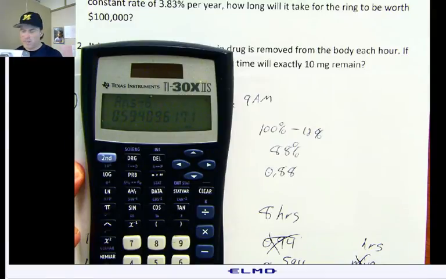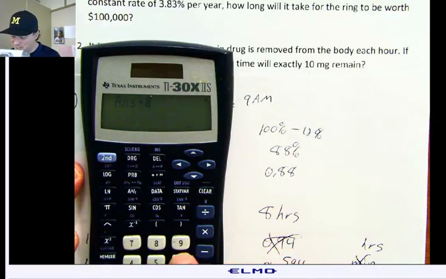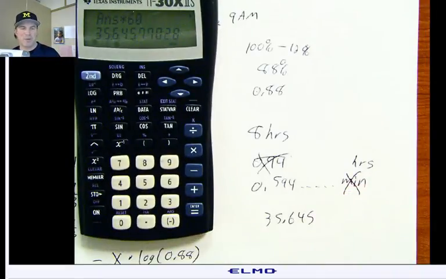But if you're going to transfer something from hours to minutes, you multiply by 60. So if I multiply this entire decimal by 60, I get 35.645. Now, when it says what time, would you actually say number of seconds? No, you wouldn't.